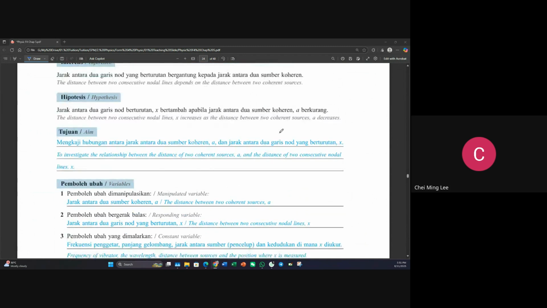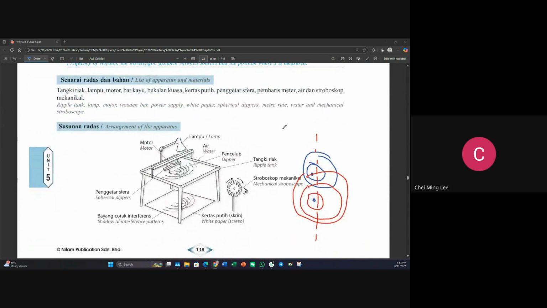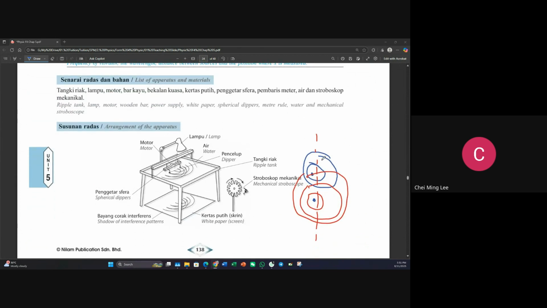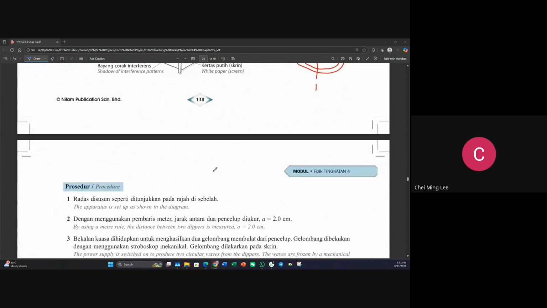So this is how we do the experiment. Last time we only had one dipper, now we put two dippers, where they will create the interference in between them. This is how the red and the blue ones will interfere with each other.